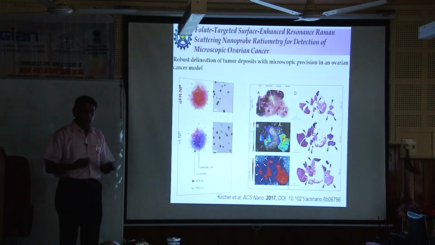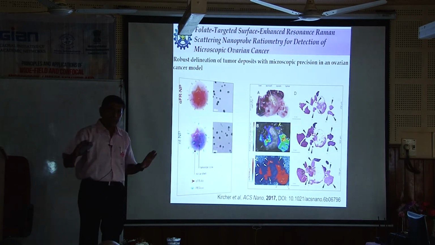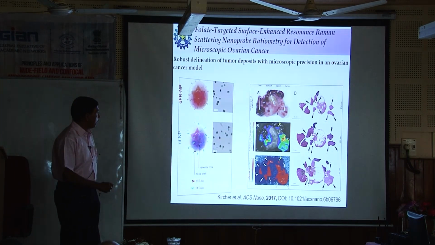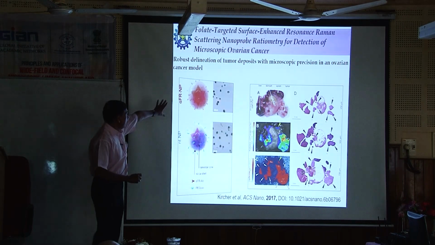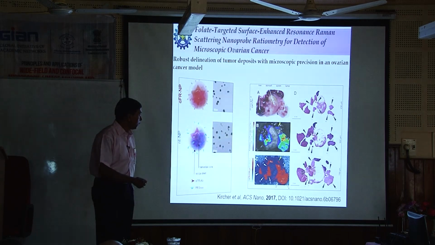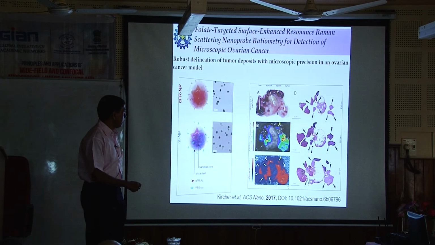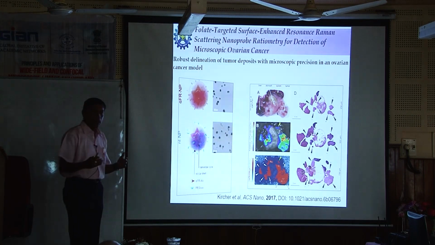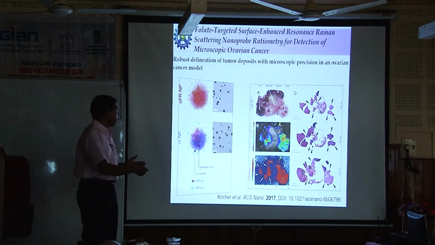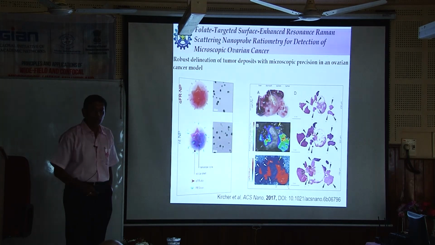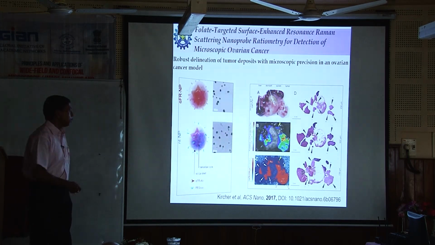So, in all these areas they can translate the Raman imaging, and they found that the targeted construct mostly localized in the tumor regions. This is very recent work, and after surgery they can take out the tumor and check all these organs, and found the nanoconstruct mostly localized in the tumor site.